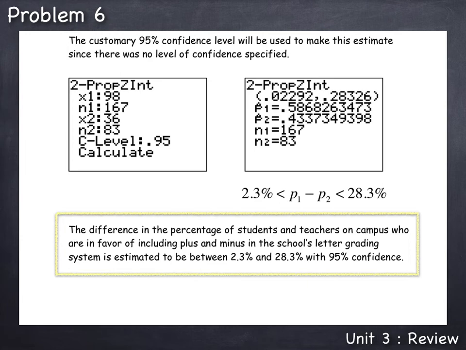But just as a note, when we write our answers in words of the problem, there are lots of different ways we can write it in words but still give a correct interpretation. So this answer here is just one way of describing the result in words. Another way is this. You could notice that the 2.3% and the 28.3% are both positive.